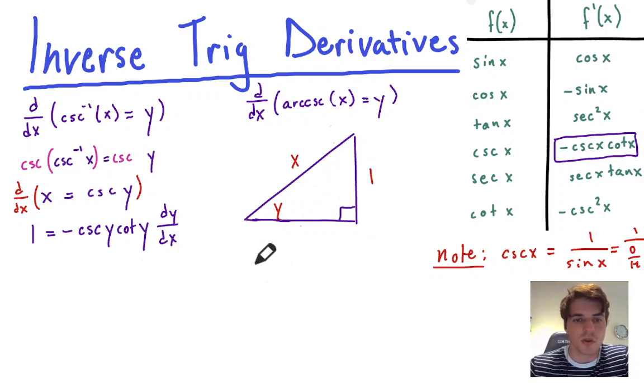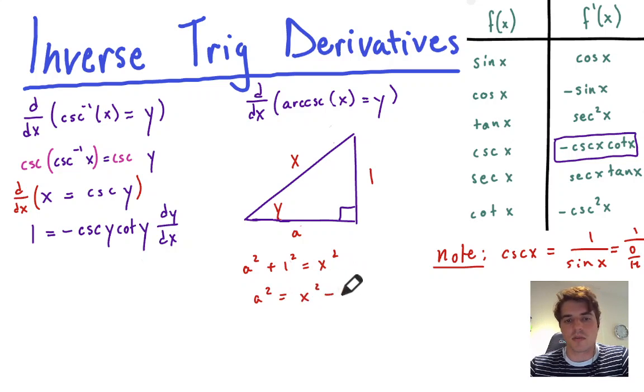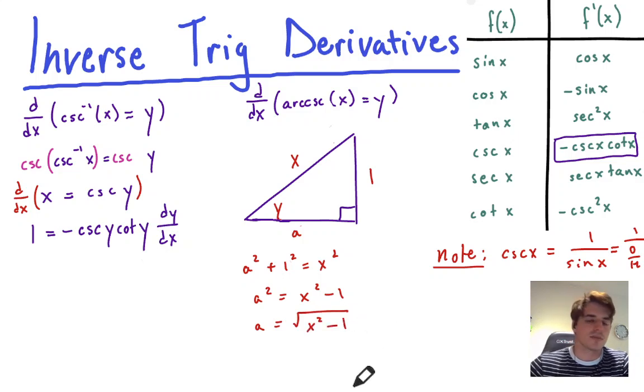Like in other videos, we're going to find this adjacent side by doing the Pythagorean theorem. We have a squared plus 1 squared equals x squared, or a squared equals x squared minus 1, a equals the square root x squared minus 1.